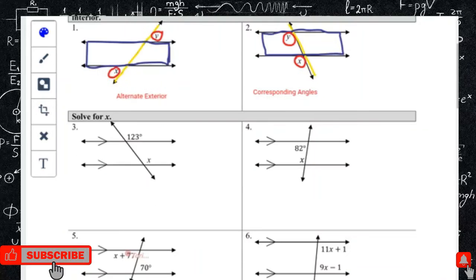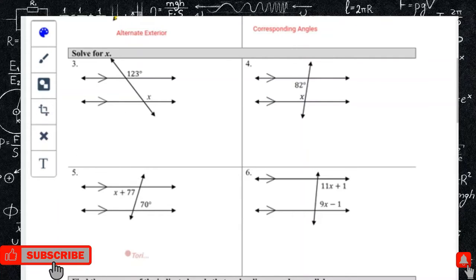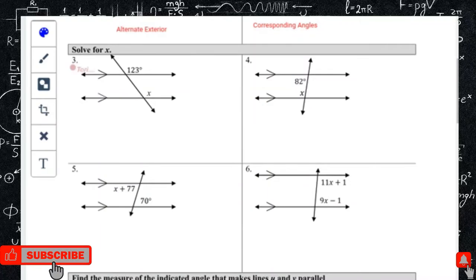So looking at this section, 3 through 6, let's go through these same strategies, highlighting the transversal. I'm just going to do it for all of them before I switch colors. So remember, the transversal is the line that intersects 2 other lines.